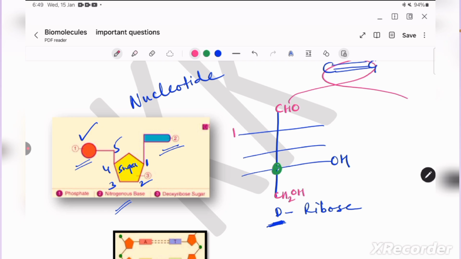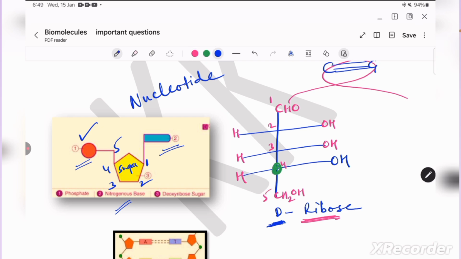Then you just go on writing HOH, HOH, and again HOH. Children, such a simple structure. So this is D-ribose, and this is in RNA. When we look at the numbering, 1, 2, 3, 4 and 5, it's a 5 carbon containing sugar.